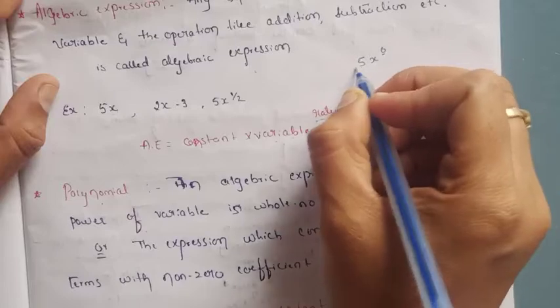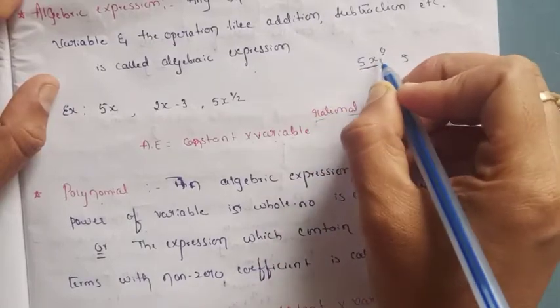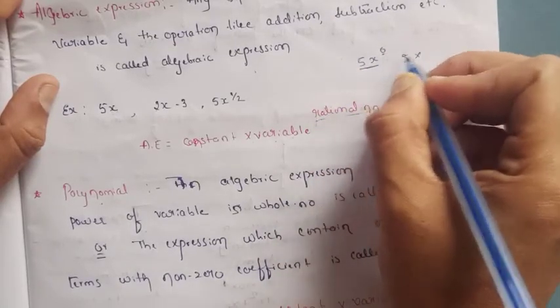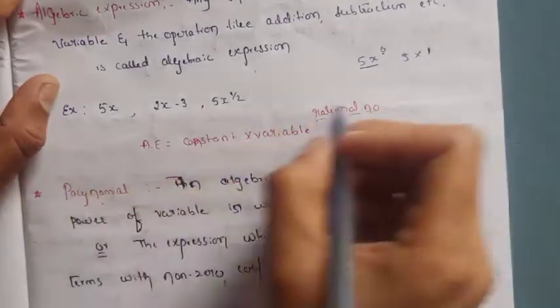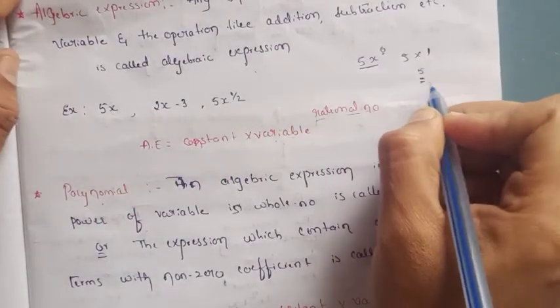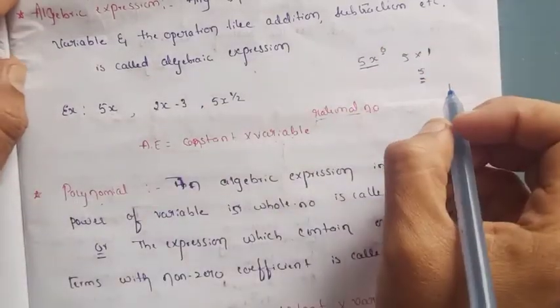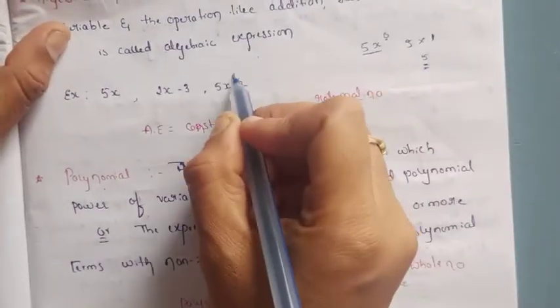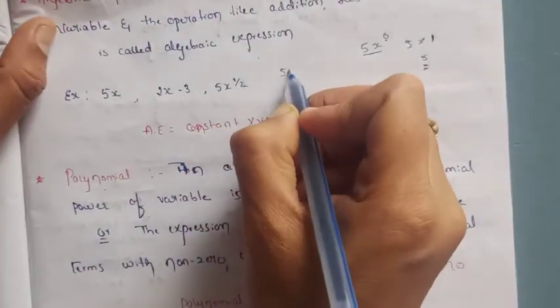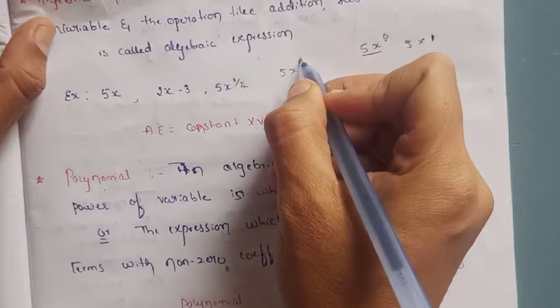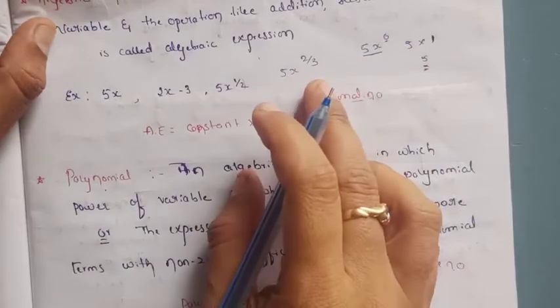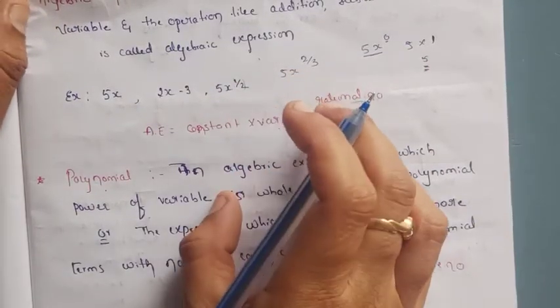Is 0 a rational number? Yes. x to the power 0 is nothing but 1. So 5 is an algebraic expression. Rational numbers like 1 by 2, 5x to the power 2 by 3. These are all algebraic expressions.